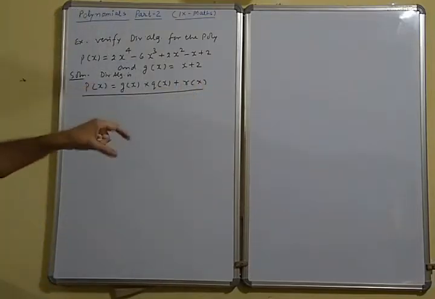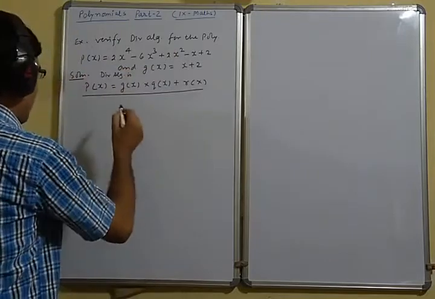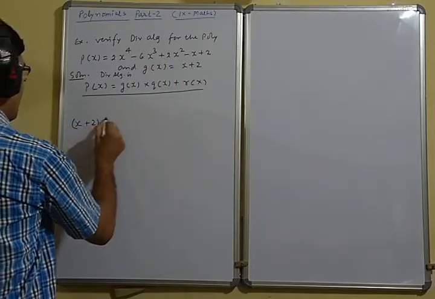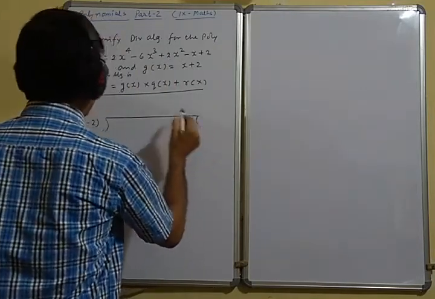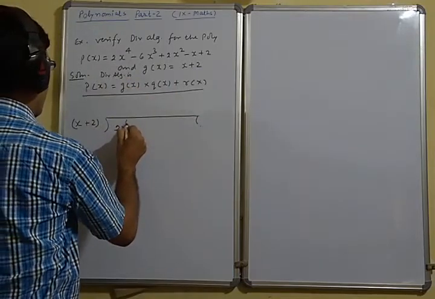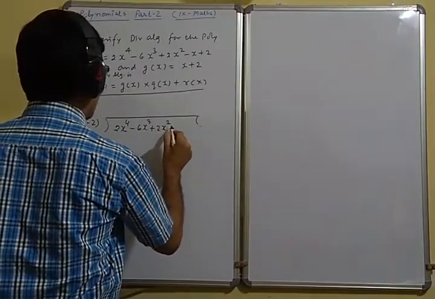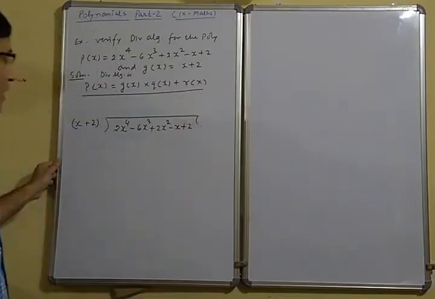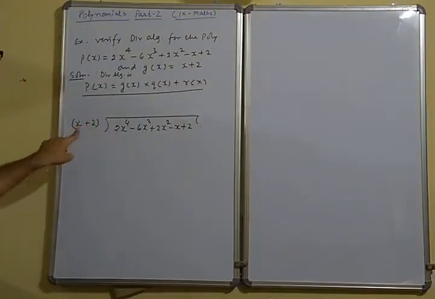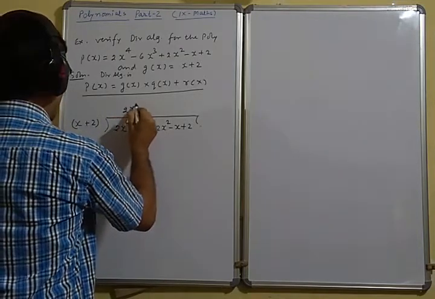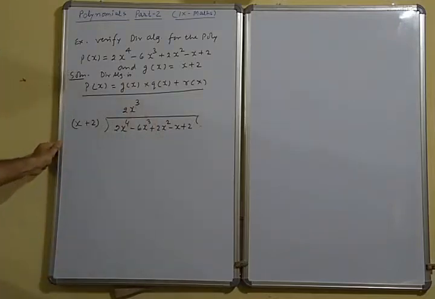So first we will divide this polynomial by g(x). Now by long division method, divided by x plus 2, this is 2x raised to power 4 minus 6x cube plus 2x square minus x plus 2. So 2x4 divided by x, what will we get? 2x cube.